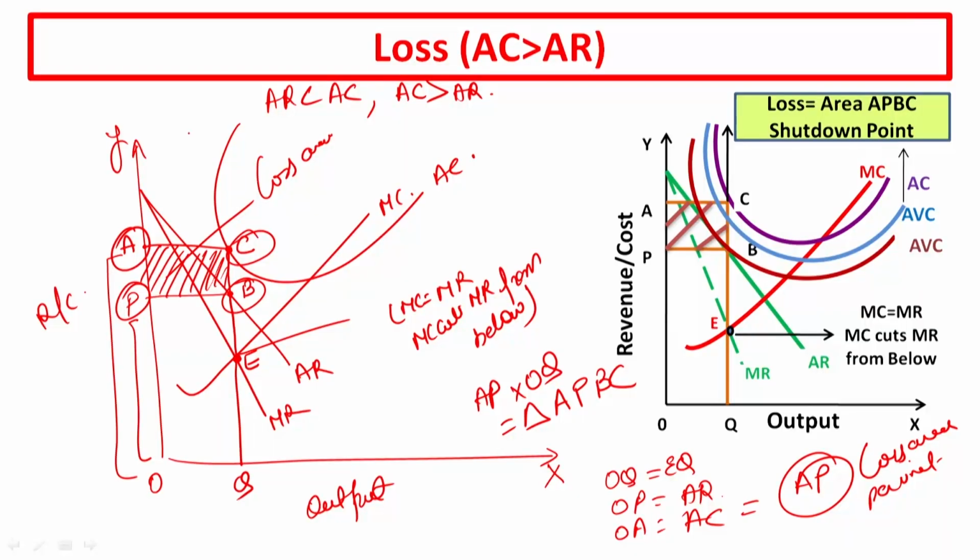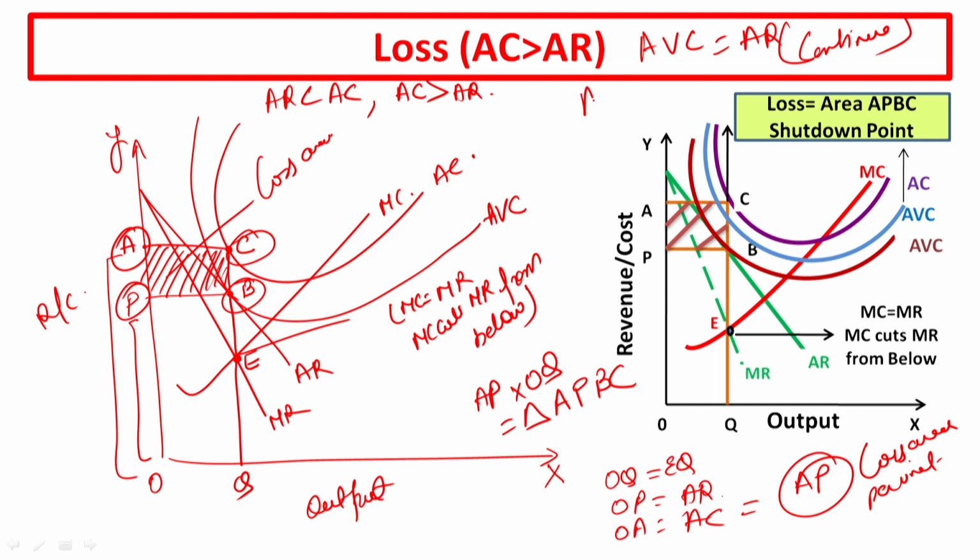Then you will continue with the level of production even in the short run. That means your average variable cost must be touching the average revenue. If average variable cost is equal to the average revenue, you will continue with the level of production.